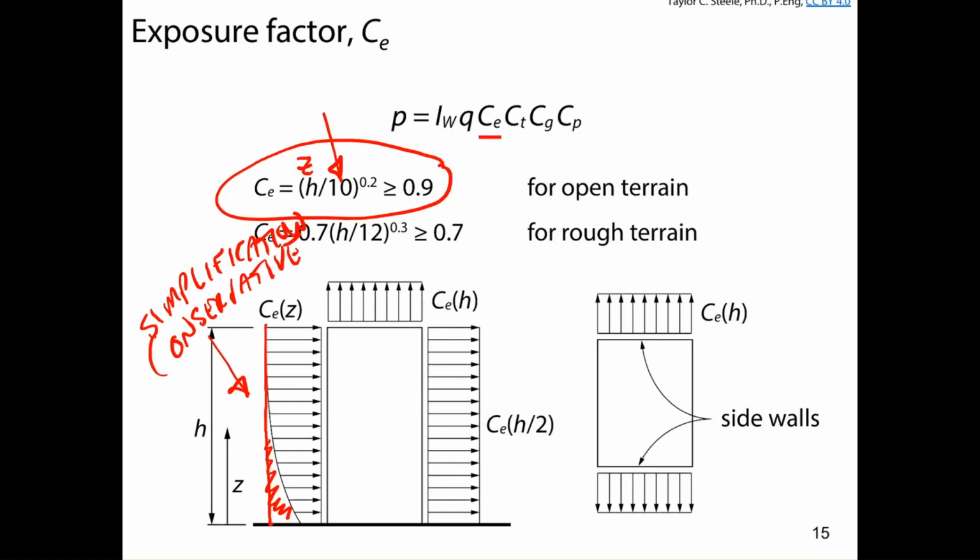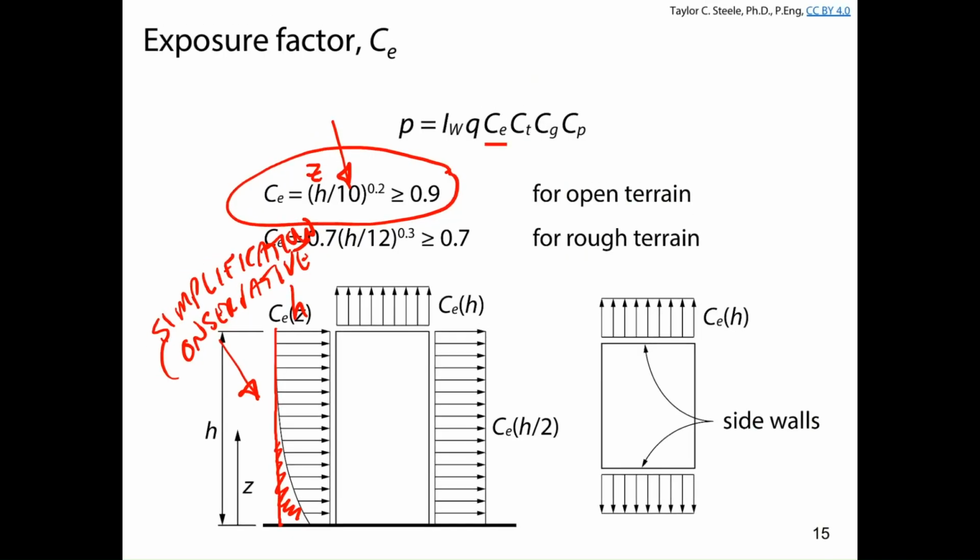We're also going to have exposure factors for the leeward side. And what we do here is we just use the exposure for H over 2. This is just the building code folks kind of putting their hands up and saying it's turbulent. I don't know how to do turbulent flow, but we're just going to say, well, on average, the suction tends to be about the same over the height, and we'll use the height of the structure divided by 2. If we're calculating exposure for the roof, of course, we're going to use the exposure factor for the height of the structure.